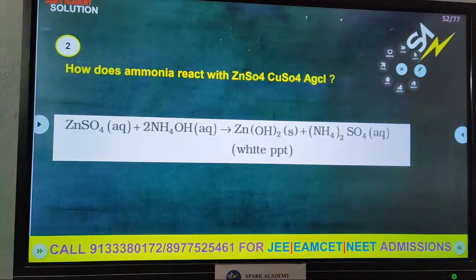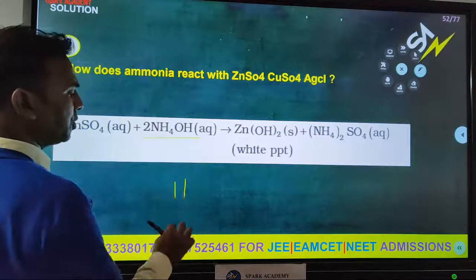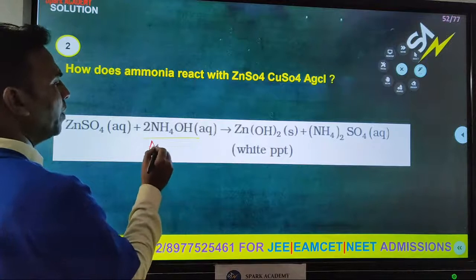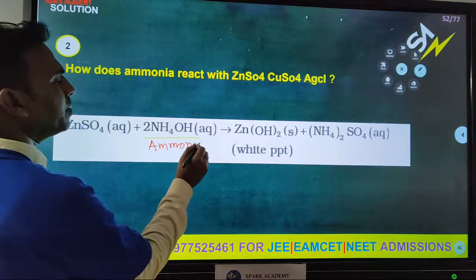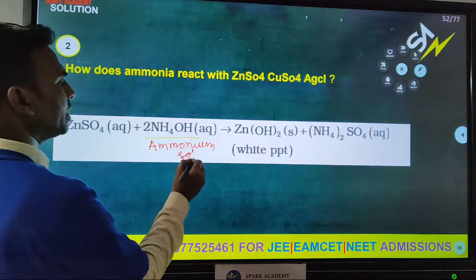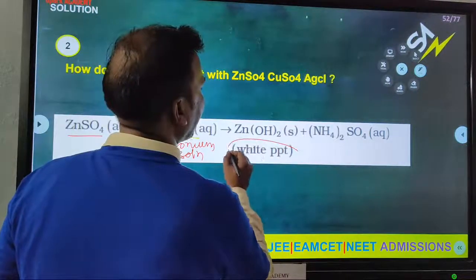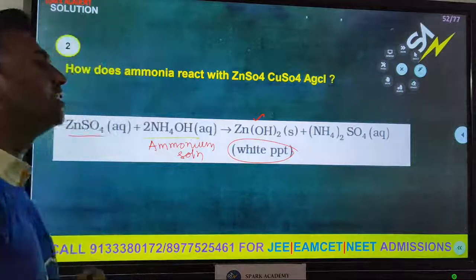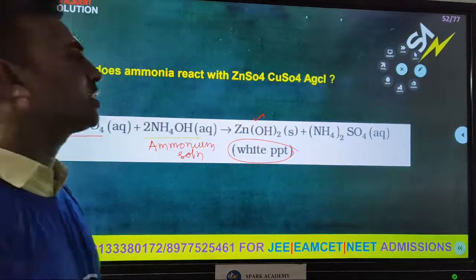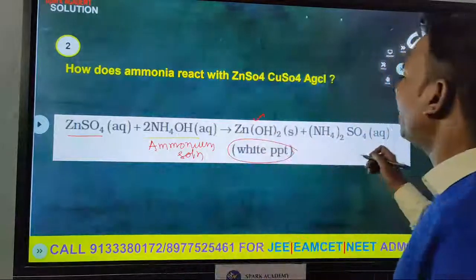Next, how does ammonia react with zinc sulfate, copper sulfate and silver chloride? Here ammonia is in the form of ammonium hydroxide solution. This ammonium solution reacts with zinc sulfate. Both are aqueous, meaning in the form of ions. This is a precipitation reaction, because we get zinc hydroxide, which is a white precipitate. And what about the byproduct?